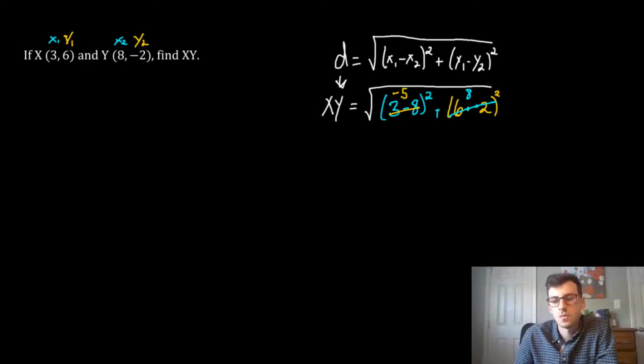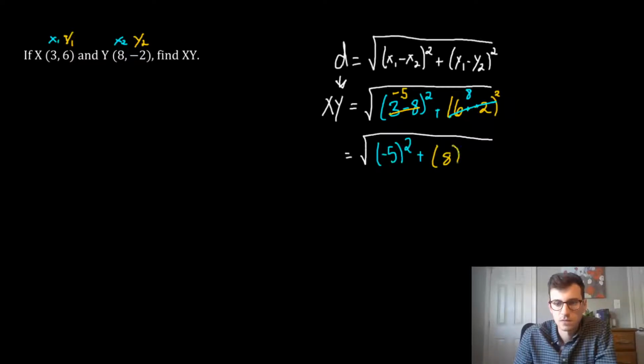So then we have the square root of (-5) squared plus 8 squared. (-5) squared is 25. 8 squared is 64.